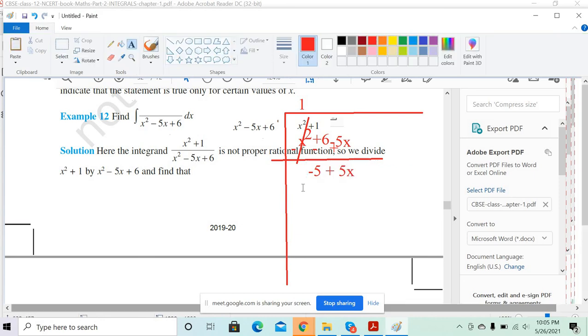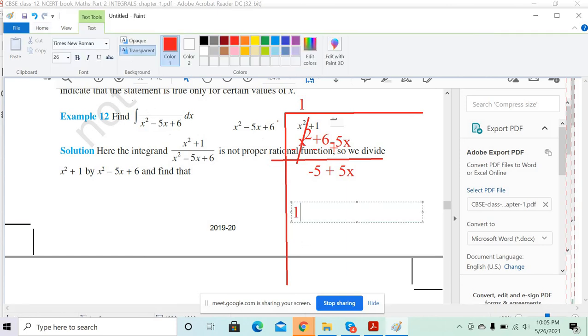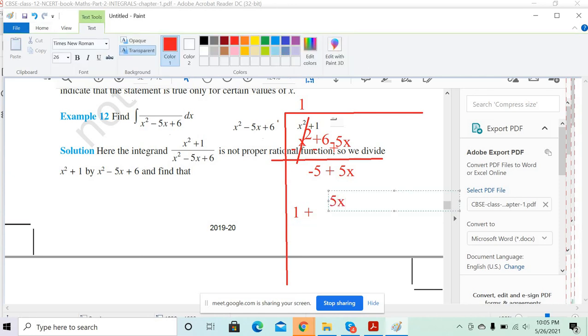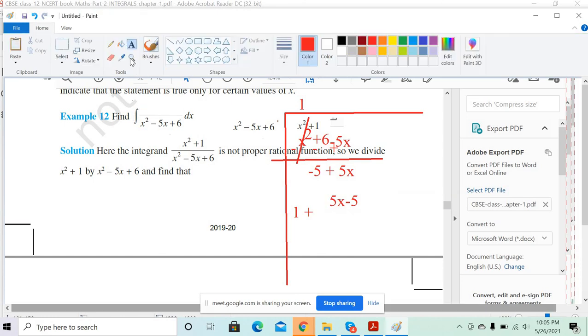Now you get it in the form of this part. So this can be represented as 1 plus, you can put it as 5x minus 5, right? X minus 5.